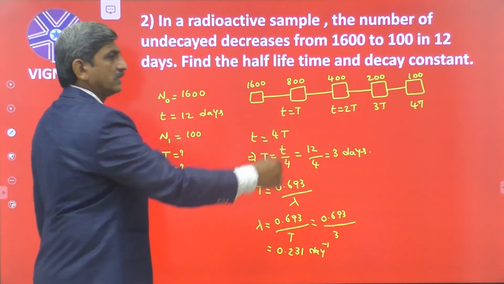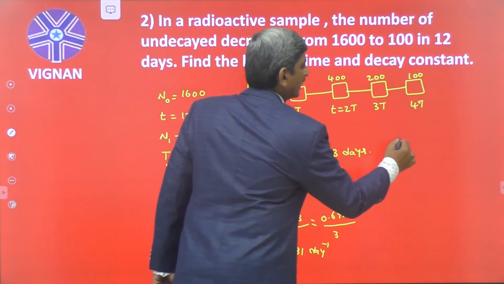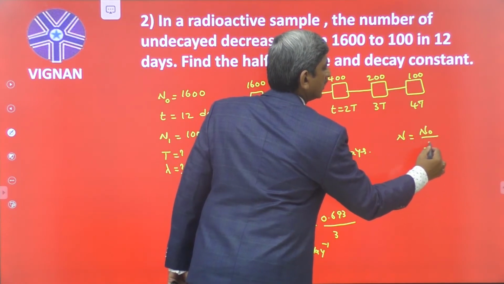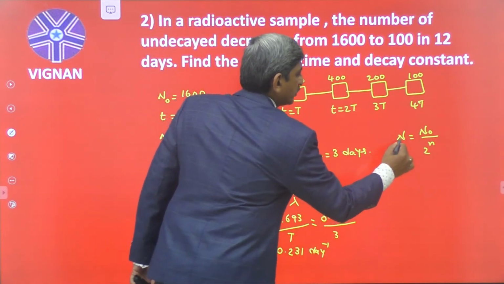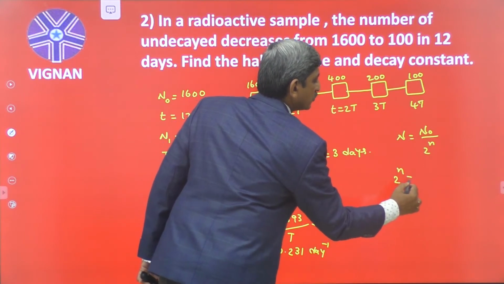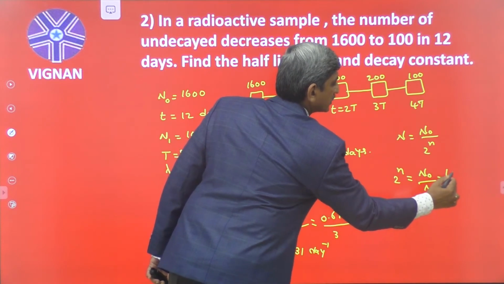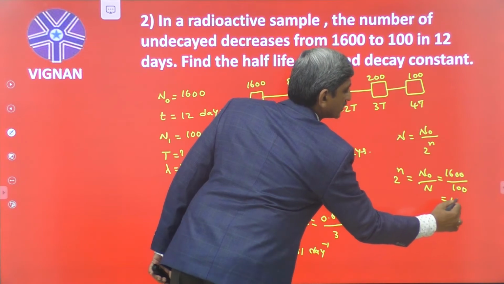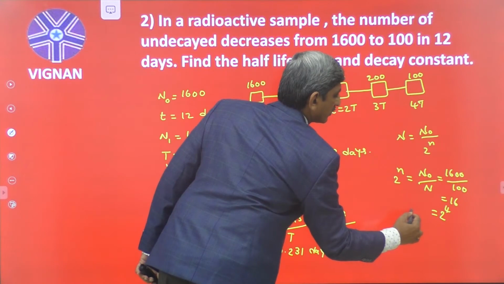The same can also be solved in another way by using the formula n is equal to n naught divided by 2 power n. Now substitute the n value and n naught value and find out the number of half lives. This 2 power n is equal to n naught by n, that is equal to 1600 divided by 100, which is equal to 16, which can be written as 2 power 4.